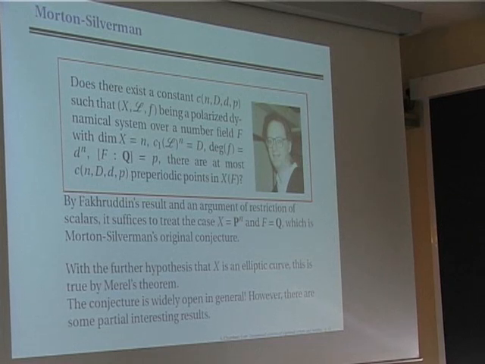And that result specified to abelian varieties is far from being known, except for elliptic curves, where it has been proved by Mazur when the field is equal to Q, and by Merel in general.